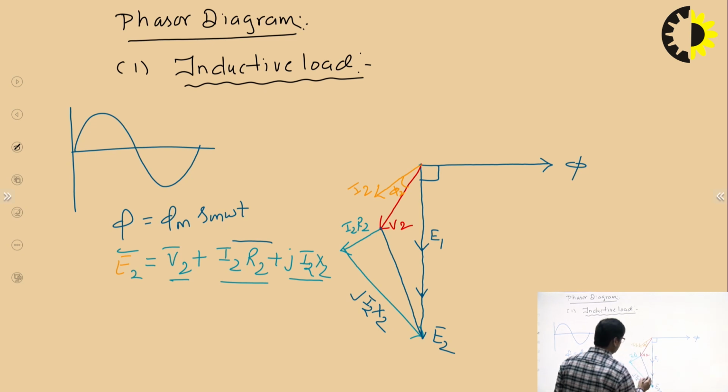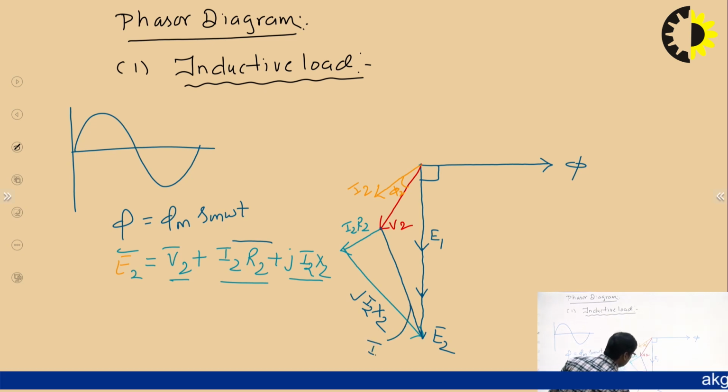So this is the I2 Z2 drop. So this triangle which you can see inside is nothing but a voltage triangle, as we have seen in the previous classes. So this is the phasor diagram for this equation, or the secondary side of the transformer.